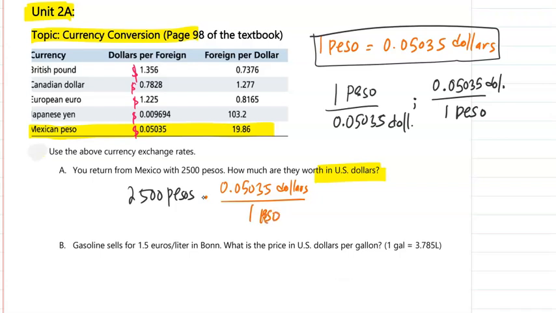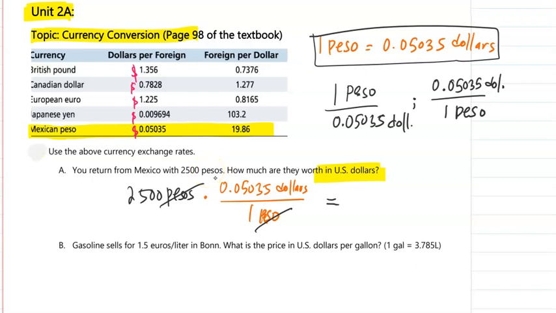If I do so, the peso cancels, and I'm left with dollar as the answer. My final answer unit is dollar amount. If you multiply 2500 by this number, you get $125.88. That's the answer.